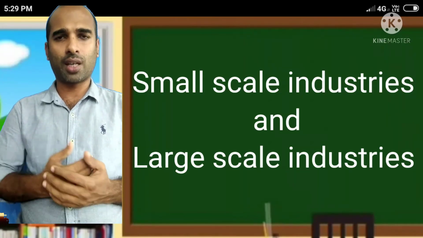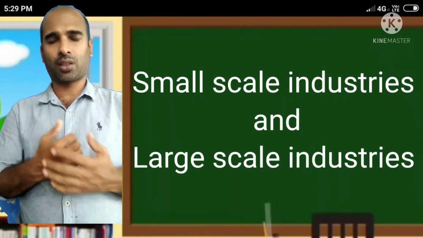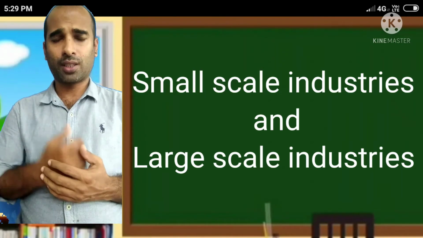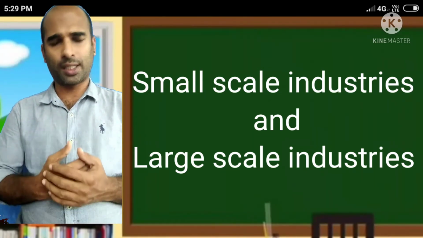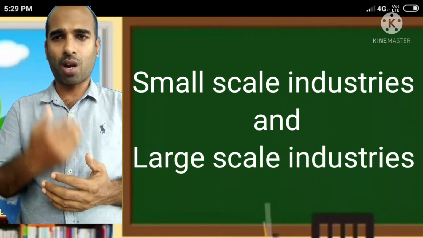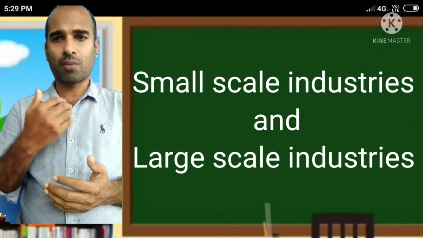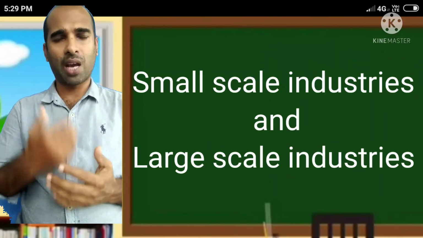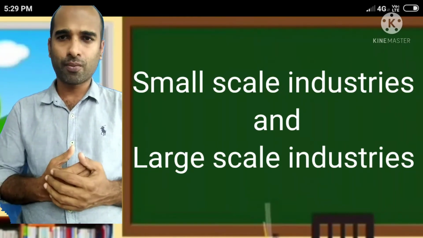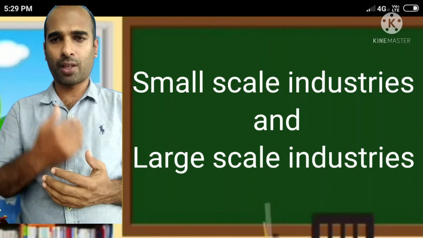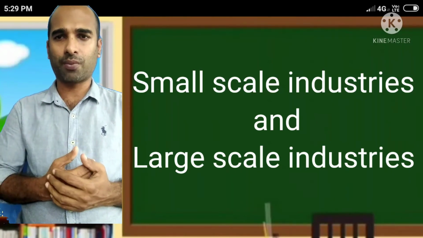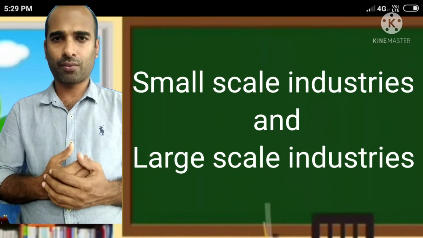So it is also called a household or cottage industry. It is sometimes based in a house or cottage. So the products are mainly manufactured manually, for example the weaving of baskets, the production of pottery and other handicrafts.